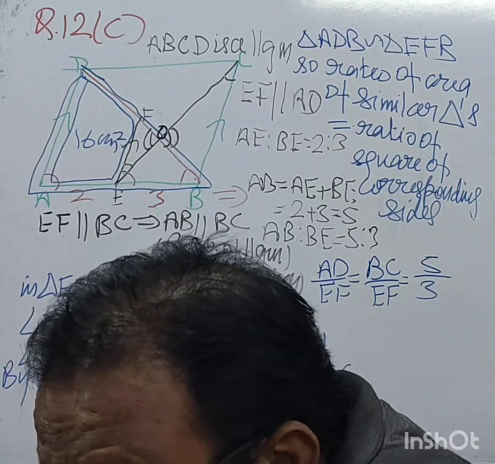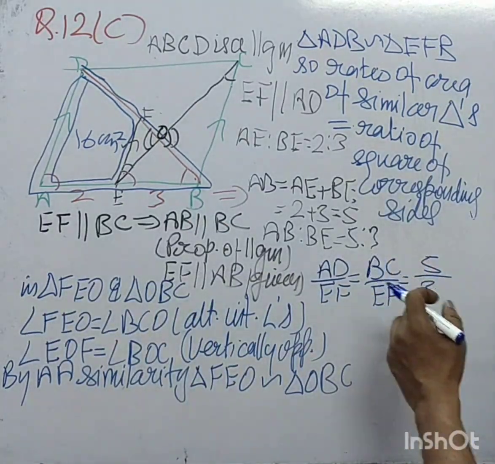Now, area triangle. So we have to go invert of this.